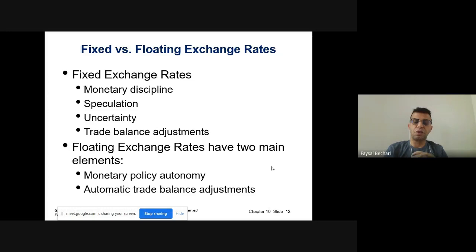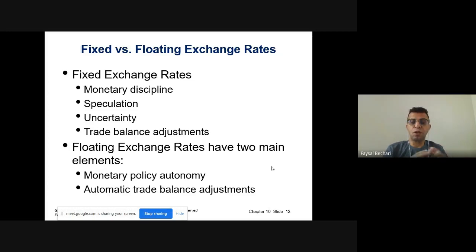There is also a trade balance adjustment, which is, as we said, if exports exceed imports, there is a tendency for their currency to go higher and higher because everybody wants to buy their currency to pay for them. So they will cut short on the trade balance adjustment.